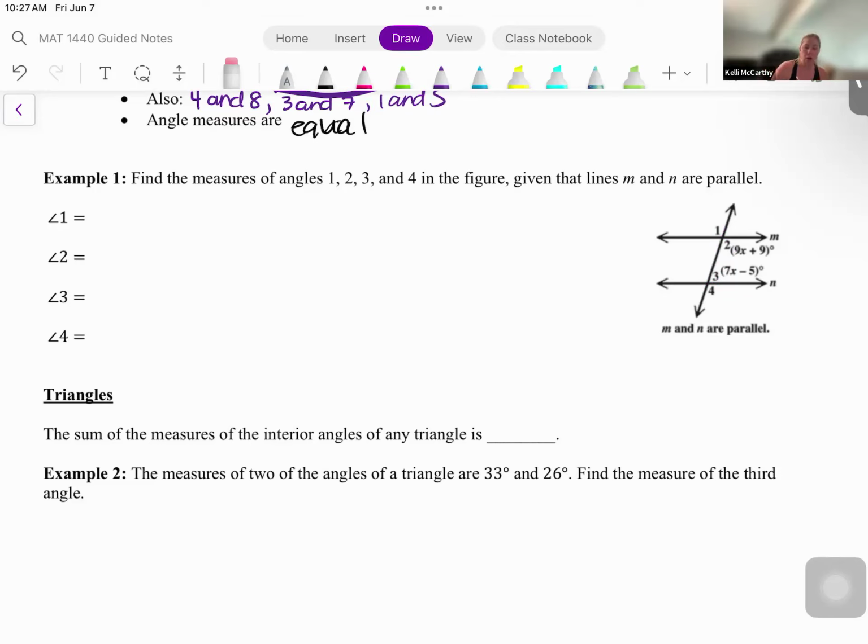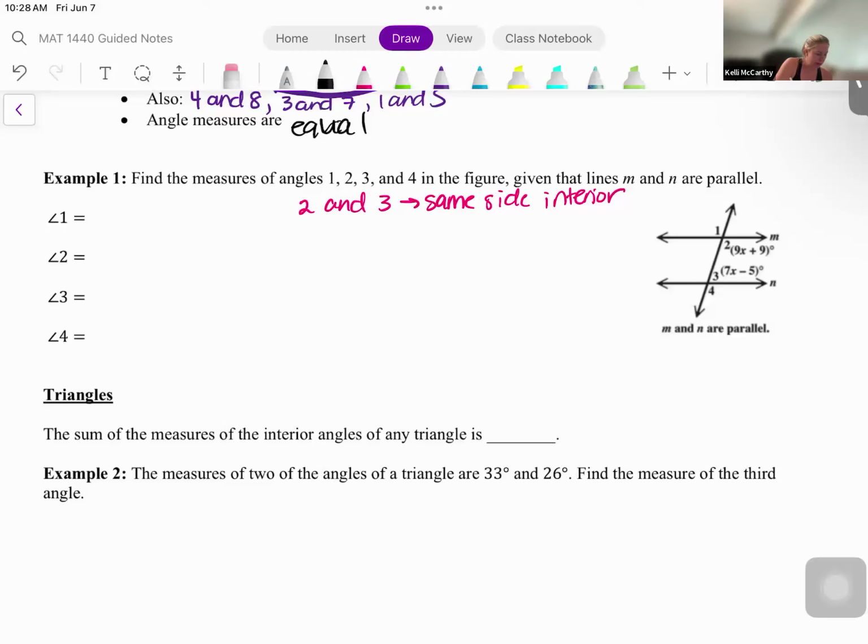2 and 3 are same side interior angles. Which means that those angles are going to sum to 180 degrees. They're going to be supplementary.